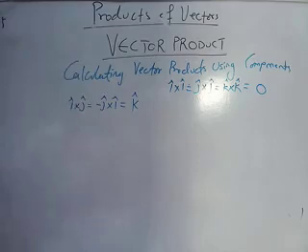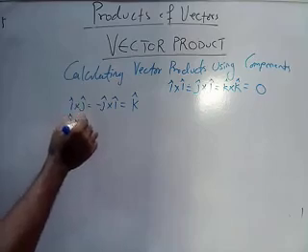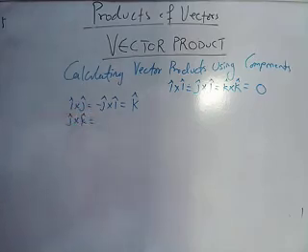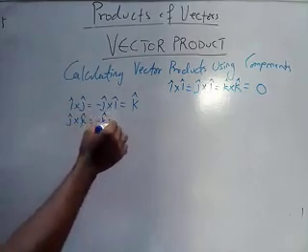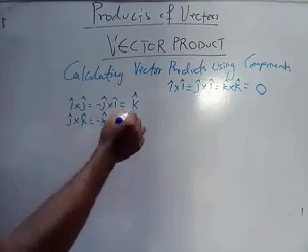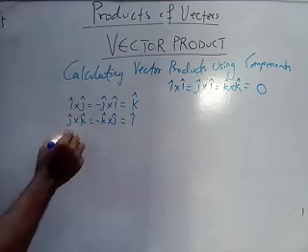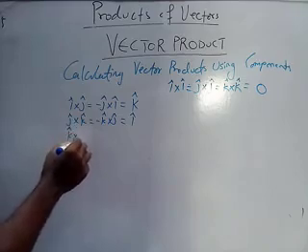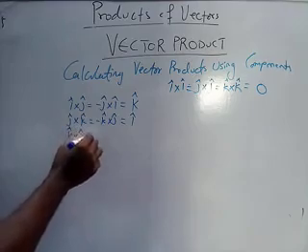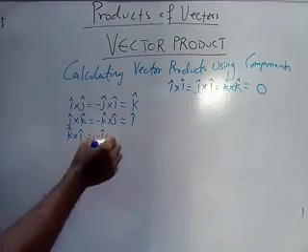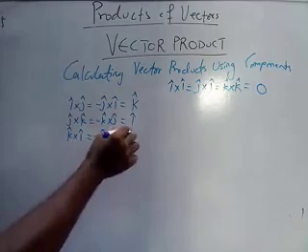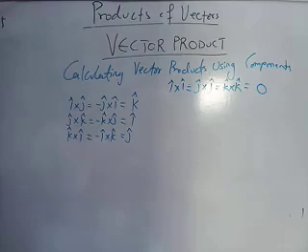So J cross K is the same thing as minus K cross J, which will give you I. And we have K cross I equals J, and I cross K equals minus J. Take note of this because they will come in handy in the next section we are going into very soon.